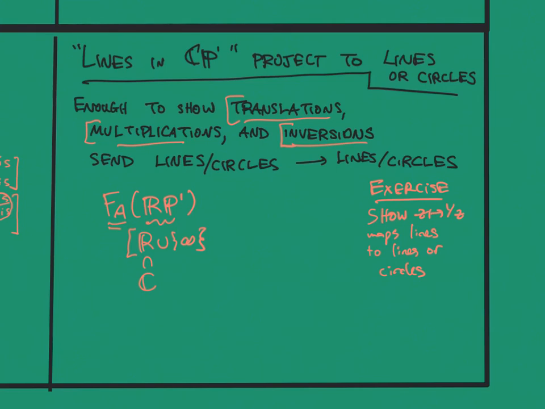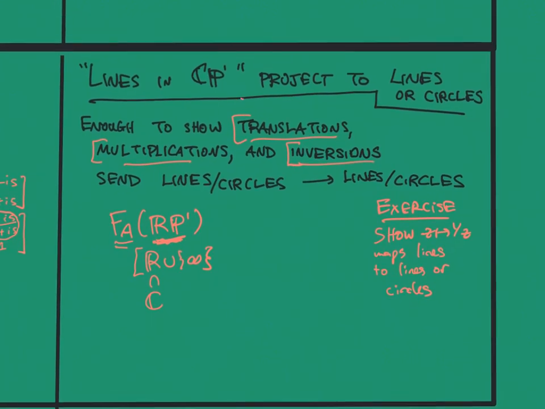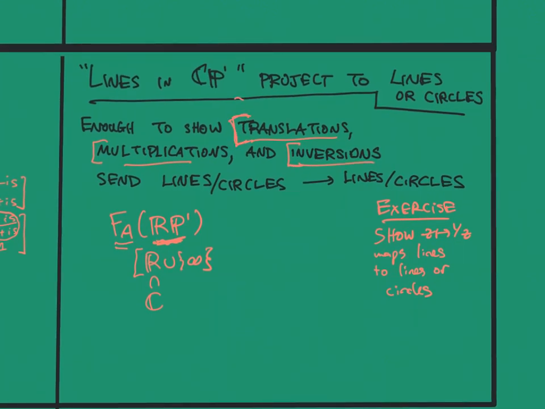Okay, next we need to check that, although we start out with a line here, a line may get mapped to a circle, perhaps through an inversion in here. So we would also need to check that our 3 types of FLTs send circles to lines or circles. And again, it's clear that translations send circles to circles and multiplications send circles to circles.